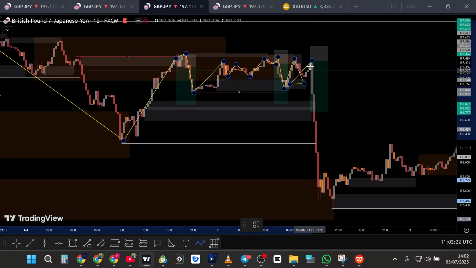And actually, this one played out very well because it came in during the New York Open. I was targeting my trade to come and hit this demand and maybe continue to the upside. But as you can see, price breached all the way below this low and then continued to the downside.